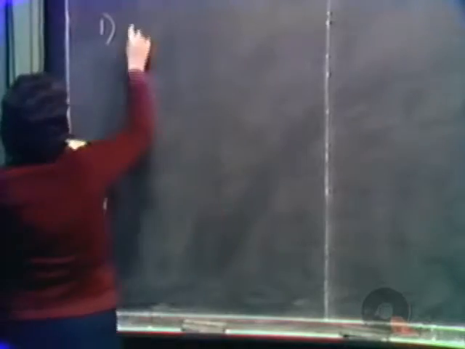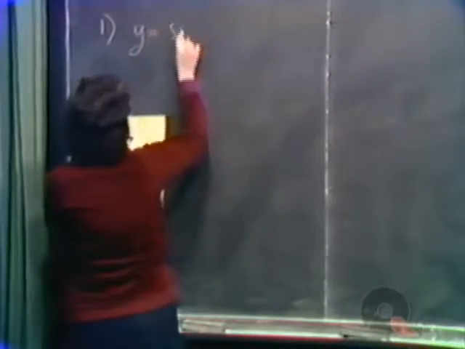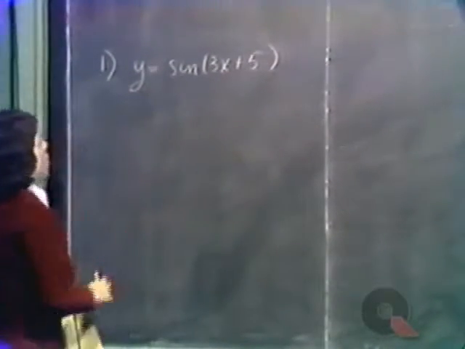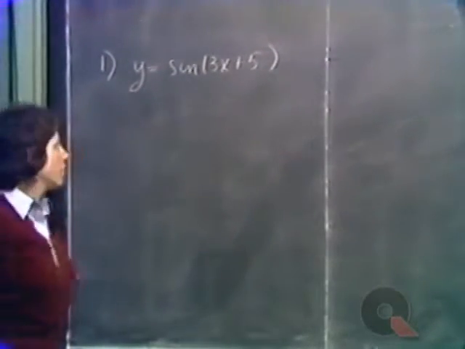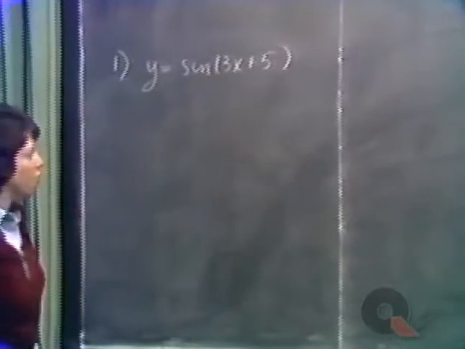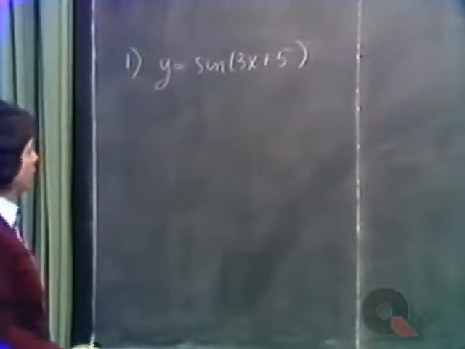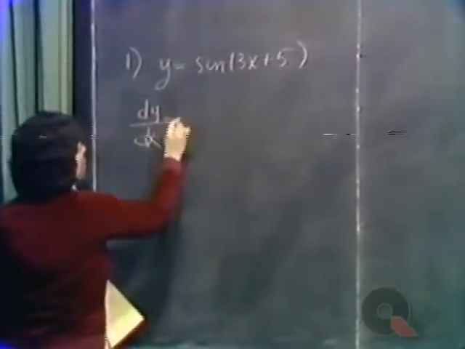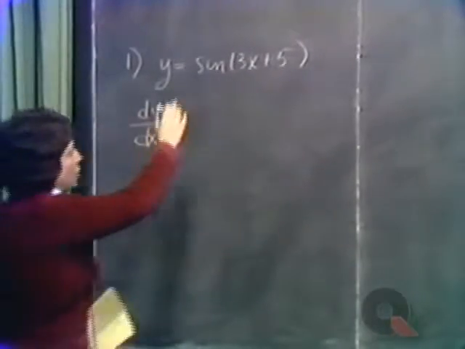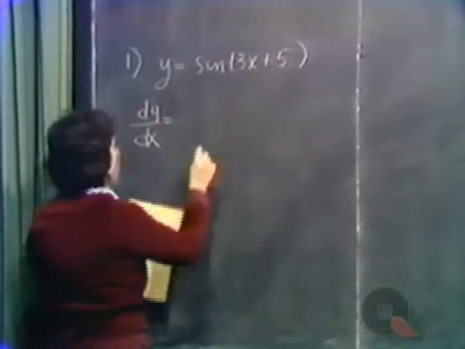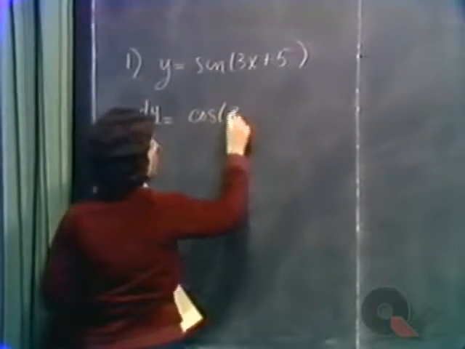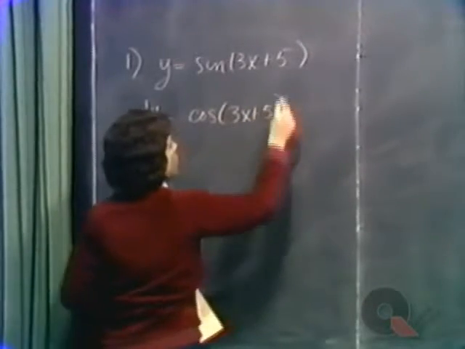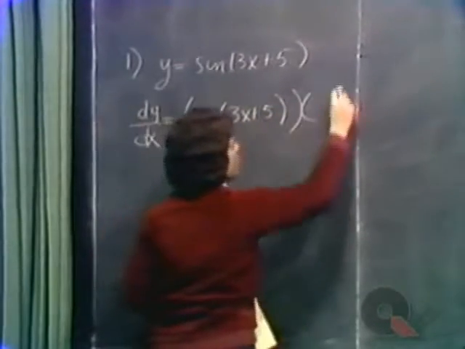The first example: y equals the sine of 3x plus 5. This is a fairly straightforward problem involving the sine of a function. Look on your formula sheets for the differentiation formula for the sine of a function, and you'll see that the derivative of the sine of a function is the cosine of the same function times the derivative of the function.